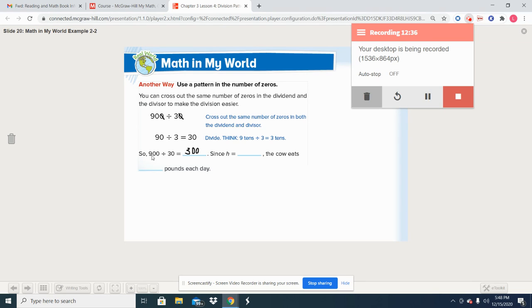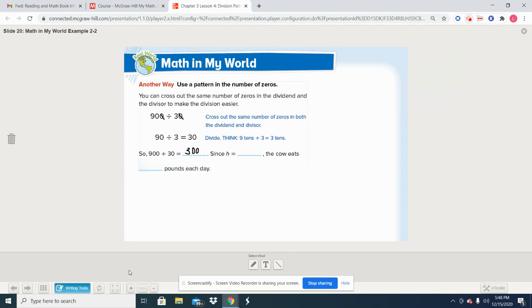So it's asking, what do you do to figure out 900 divided by 30? Well, you would figure this out by first crossing the zeros out.